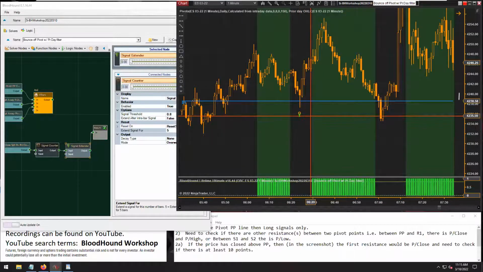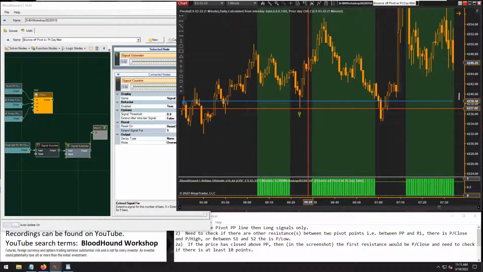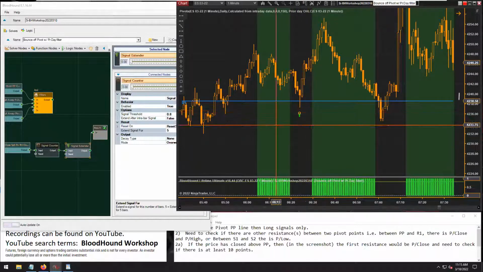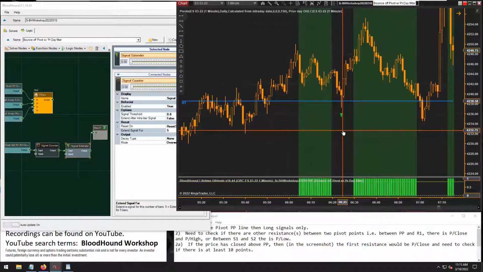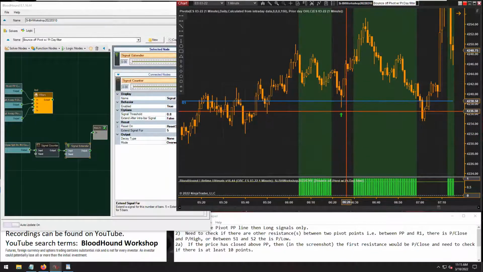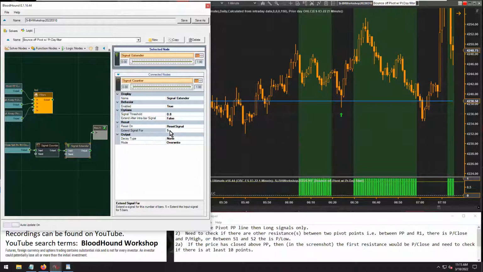Actually, it doesn't look like it's going to work out there. Of course, again, you can create as many allowances as you want. If you wanted to force this into being a bounce, then we would have to extend the signal extender more than 5 bars.